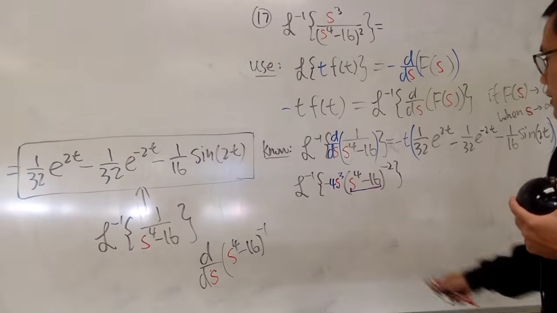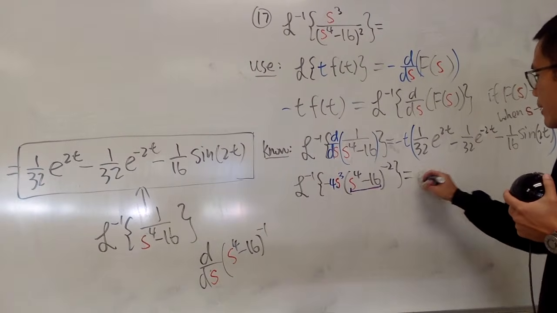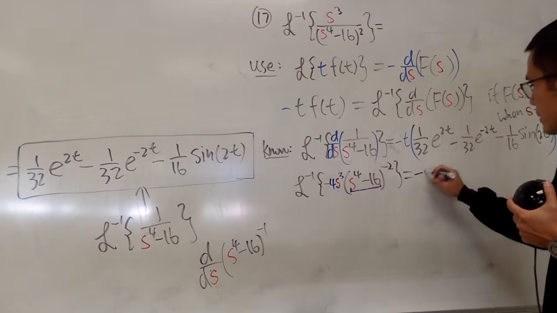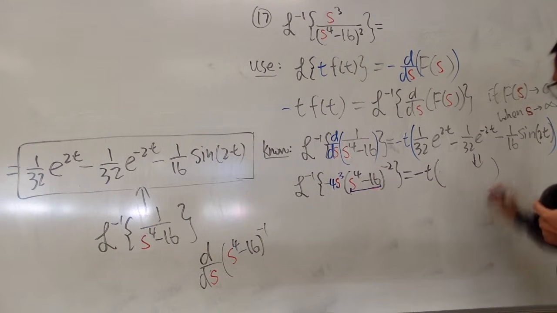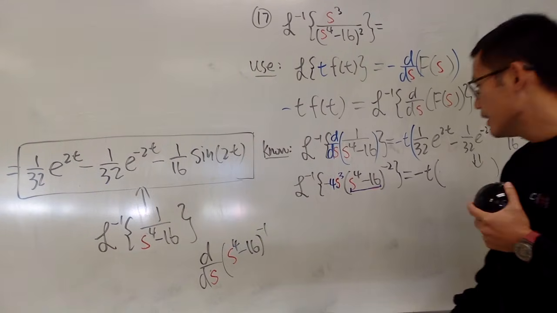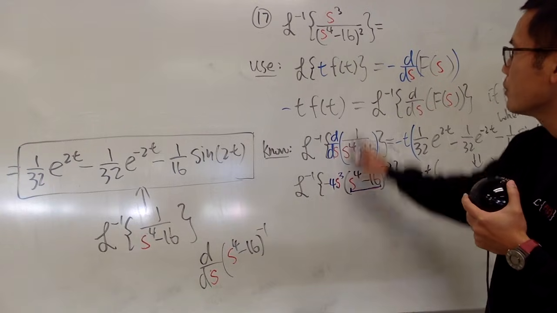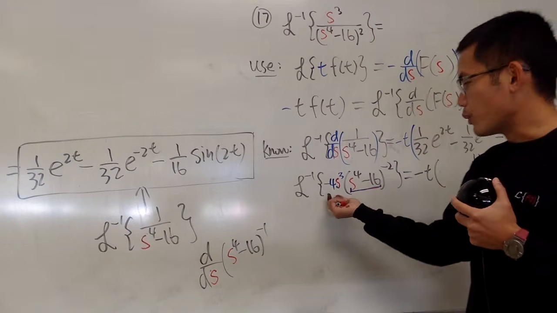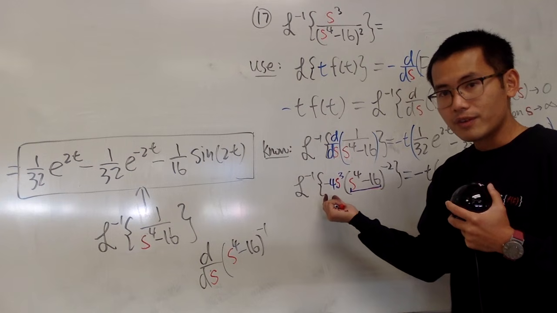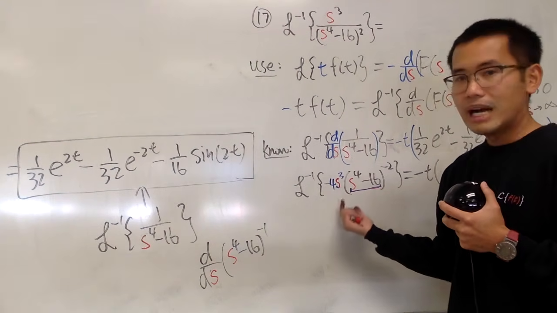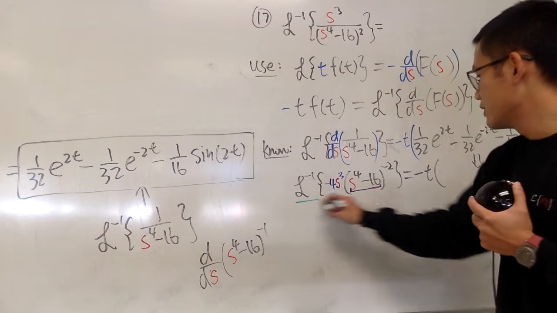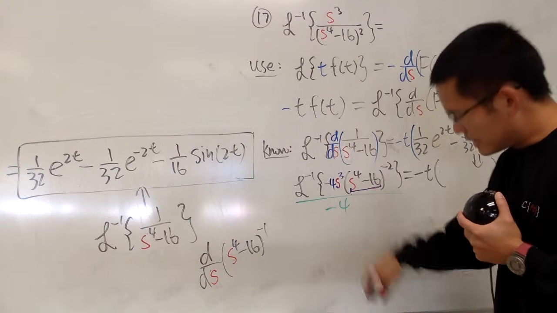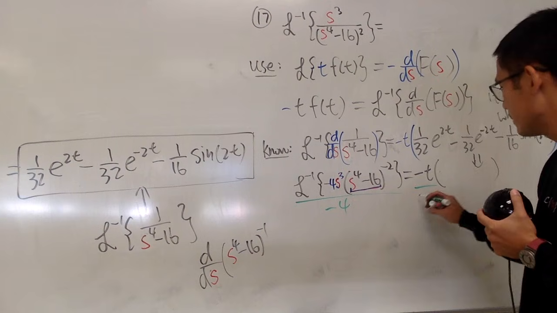So you can differentiate that, and on the right-hand side, I'm not going to multiply anything out. I'll just keep it. This is negative t of all this expression, right? Then, as you can see, this is almost the same as that, except we have a negative 4. So all I have to do is divide both sides by negative 4.